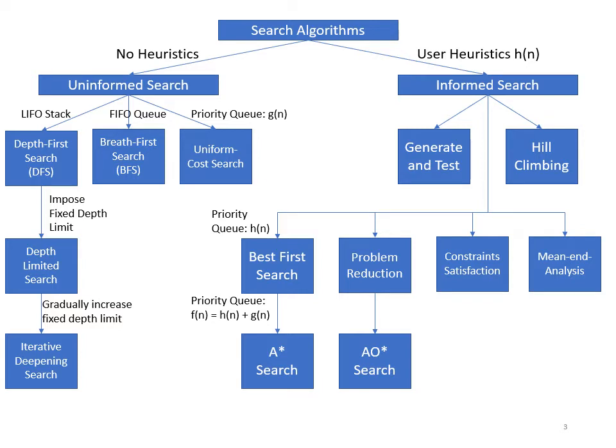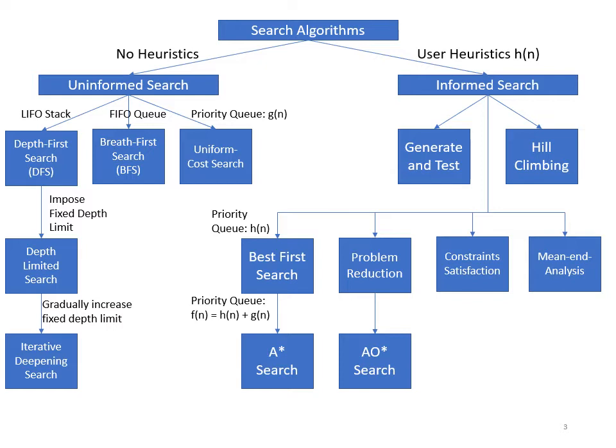There is also a restriction on depth first search. When we impose a fixed depth limit on depth first search, it is called depth limited search. When you gradually increase the fixed depth limit, this is called iterative deepening.